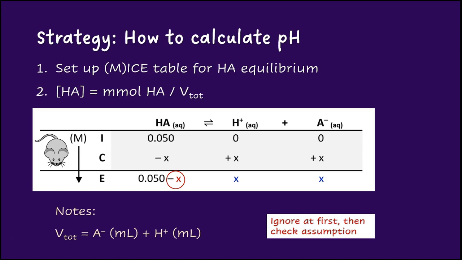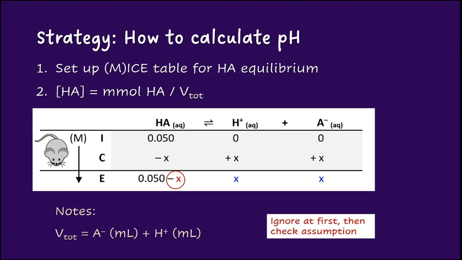We will initially ignore the change in X, this minus X, and apply our assumption that X is small compared to the molarity of HA. After calculating X, we'll check this assumption.